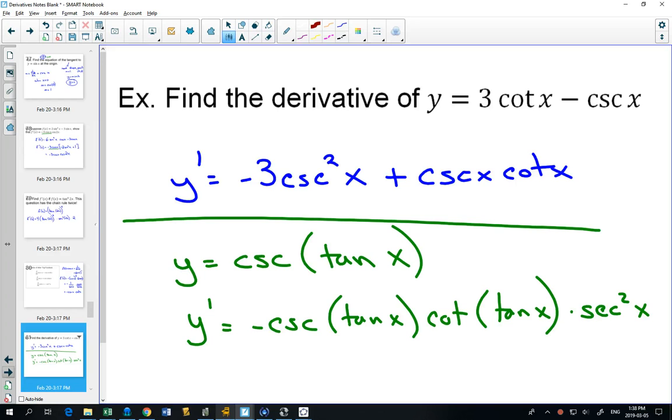So we would multiply by secant squared in the end. The rules stay the same, just the data management gets complicated. Can you see that I did the derivative of cosecant by just doing negative cosecant cotangent of whatever was inside? Then after that, I multiplied by the derivative of the inside, which is just secant squared.